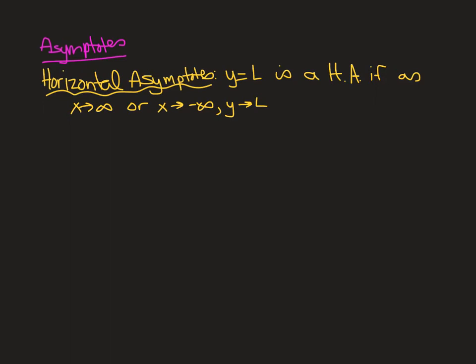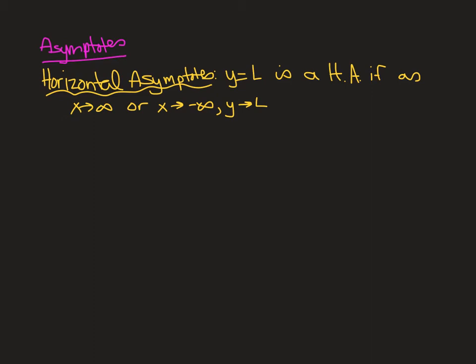This is the general definition of a horizontal asymptote: y equals L is a horizontal asymptote if the end behavior has y going towards L, or whatever your horizontal asymptote value is. And it can be on either side. You can actually have 2 horizontal asymptotes, one going in the positive direction, one going in the negative direction. Most of the time, however, we do only have one.